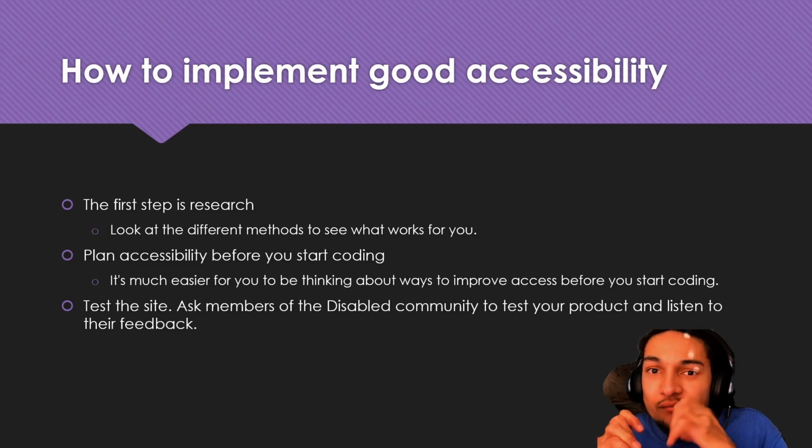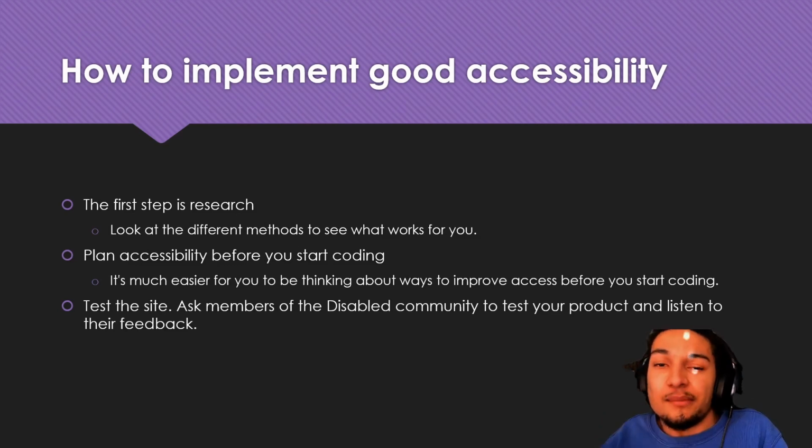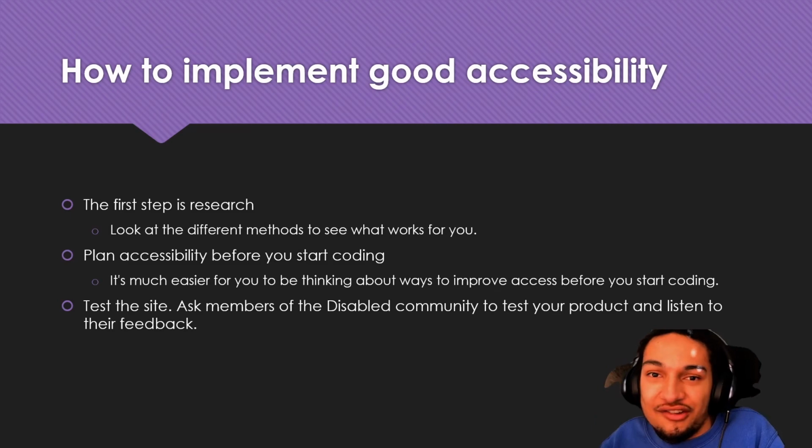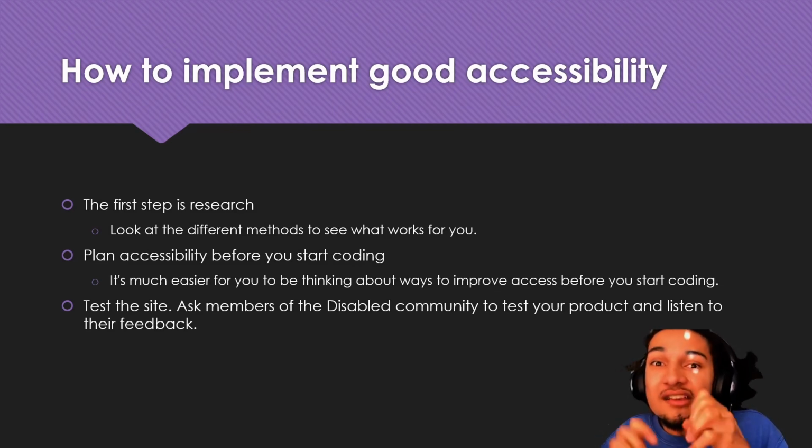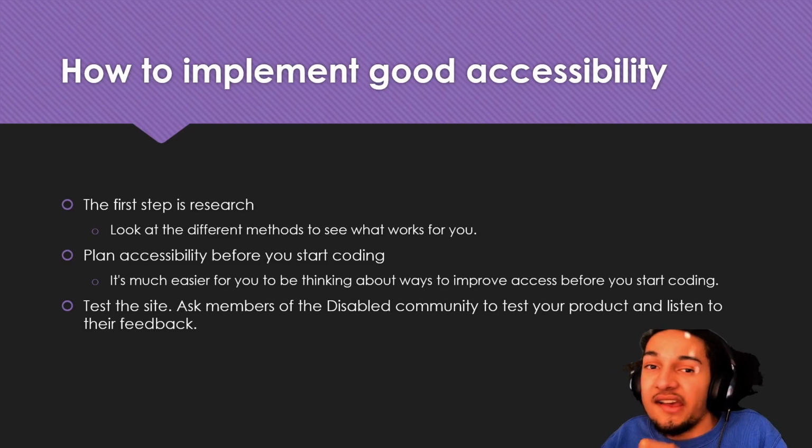Once you research it, you need to make a plan before you start coding. Don't leave this until after you've nearly finished your project, because then you're just going to make your life harder. You can really tell when accessibility is thought about all the way through. If it's an afterthought, then the whole software won't be accessible.